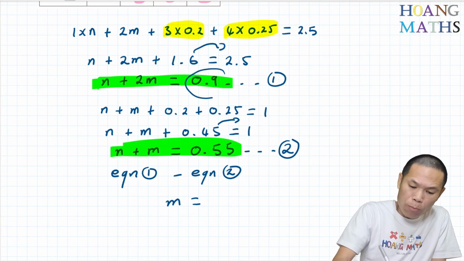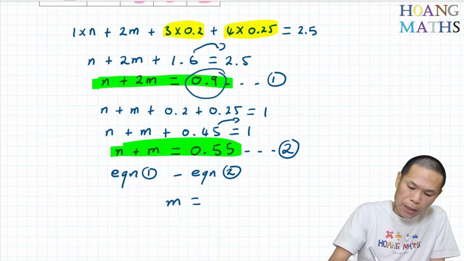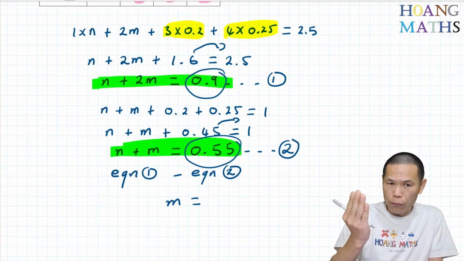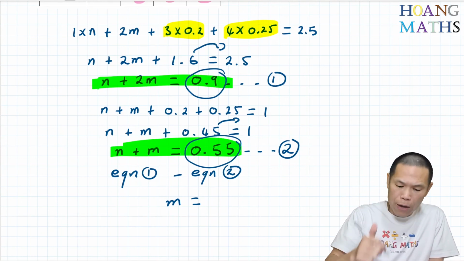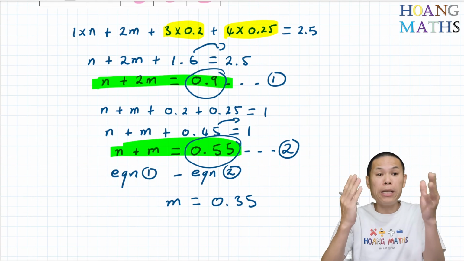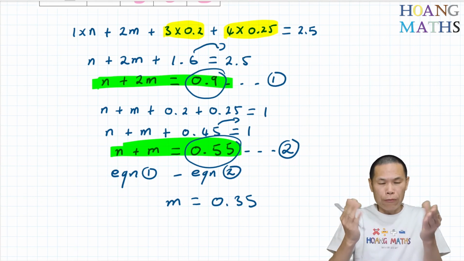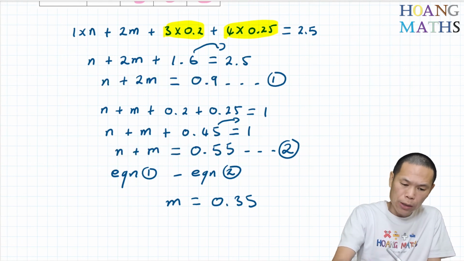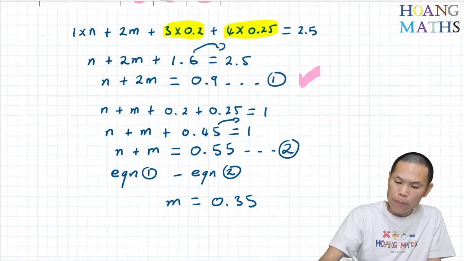And we have 0.9 minus 0.55. So 0.9 minus 0.5 is 0.4. We minus 0.05, gives me 0.35. Otherwise, just use your calculator. So m is 0.35.